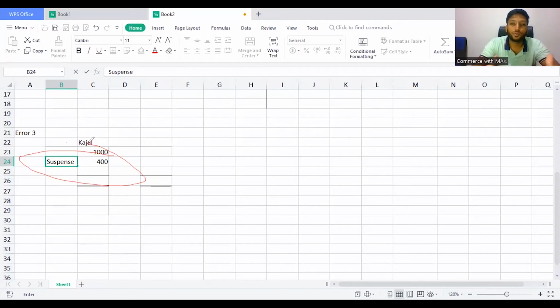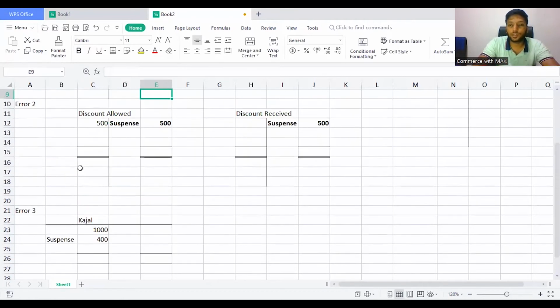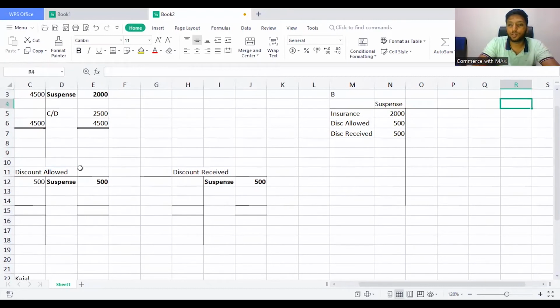So we need to make it 400 to make it 1400. So I'll record this 1400, and actually the 400 was the shortage. So then I will write under suspense account credit side this 400 as here saying Kajal. So let's move on to the fourth adjustment of the sum.